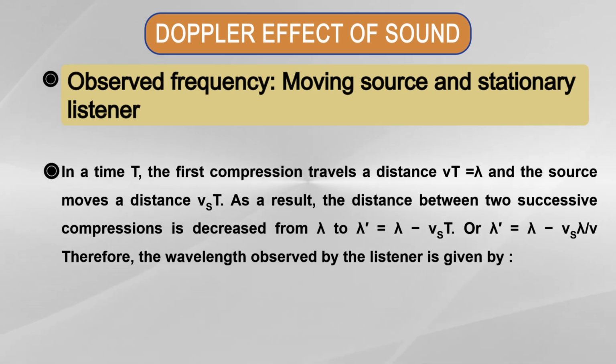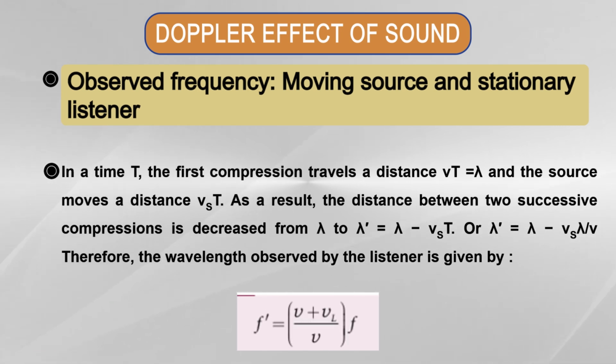So, this lambda prime, the observed wavelength, is equivalent to lambda minus Vs T, and therefore the wavelength observed by the listener is lambda prime equals lambda minus Vs, and when we put the value of time T as lambda upon V and convert this into frequency, after simple mathematics we get the relation f prime, the observed frequency, equivalent to V upon (V minus Vs) multiplied by the original frequency f.